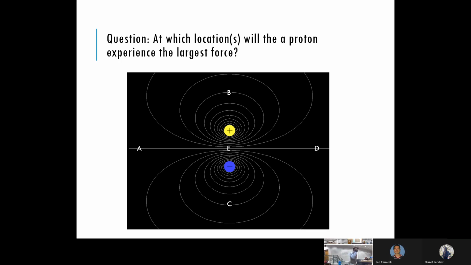By the charge. I take the charge I'm concerned with. Here I said a proton. I drop it into the location of the largest electric field. That location will also correspond to the largest force. In other words, I'm asking you to consider this relationship: the electric field times the charge gives you the force.